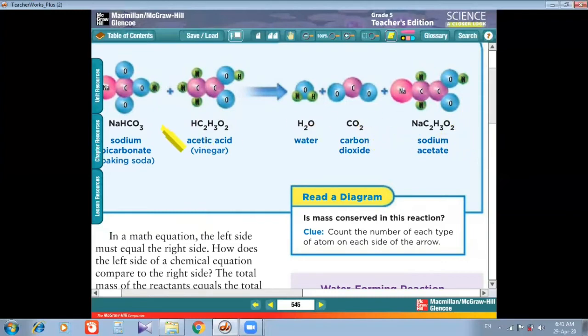And we can see the hydrogen and carbon also. Hydrogen here 1, 2, 3, 4, 5. Hydrogen here 2, 3, 4, 5. Carbon here 1 plus 2, 3. Carbon here 1 plus 2, 3. So in this way we say that the equation is balanced.